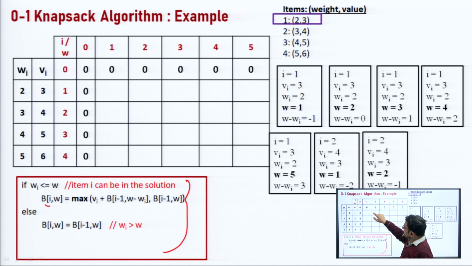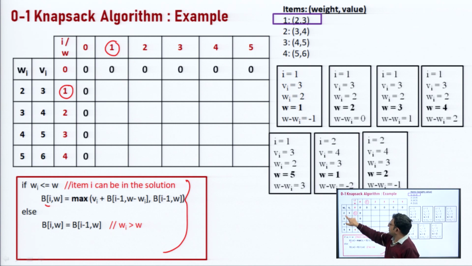Now, if we talk about this block, I is equal to 1, meaning we are picking the first item. What is the weight of the first item? 2, and what is the value of the first item? 3. And what is the value of W over here? 1. So, the weight of the first item is 2.